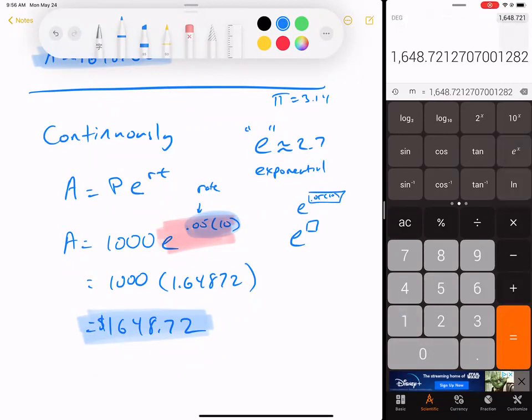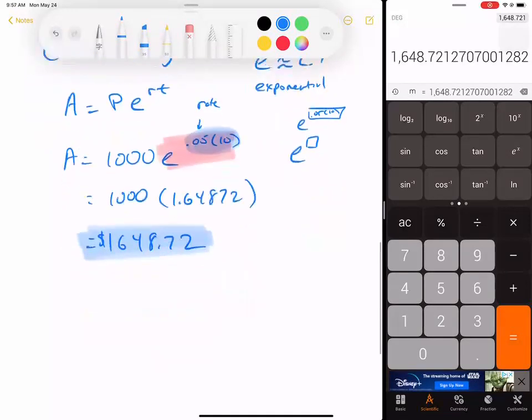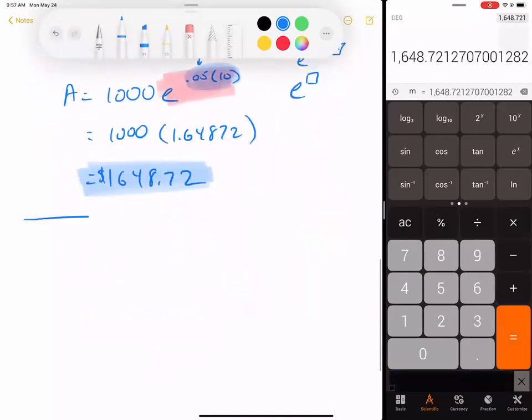Okay. All right. So let's look at another problem. Let's say you opened up a savings account. We'll start off with a principal of $800. The interest rate is at a nice, generous rate of 15%.